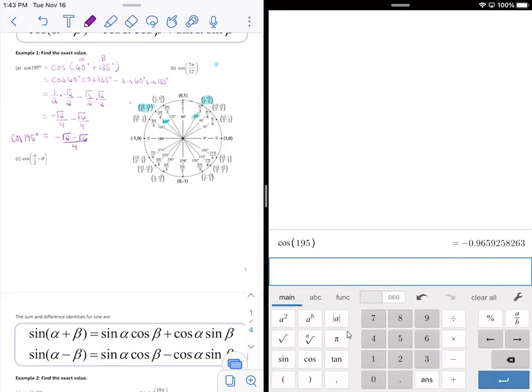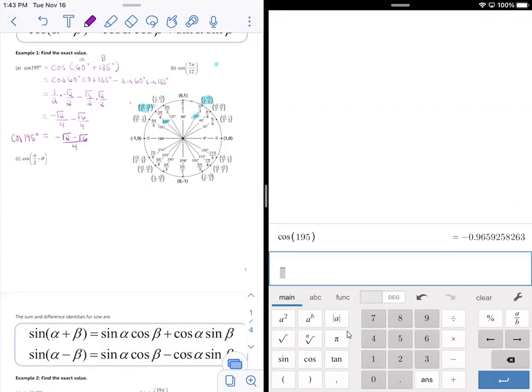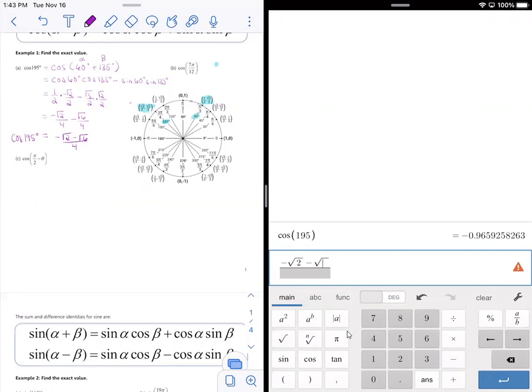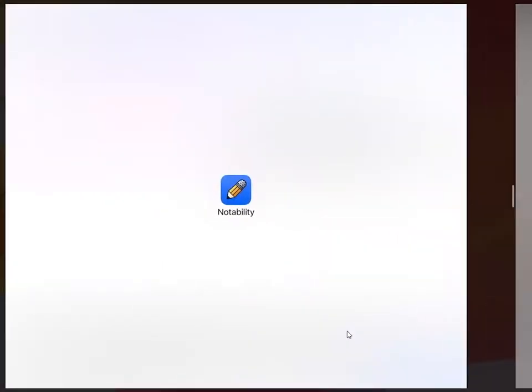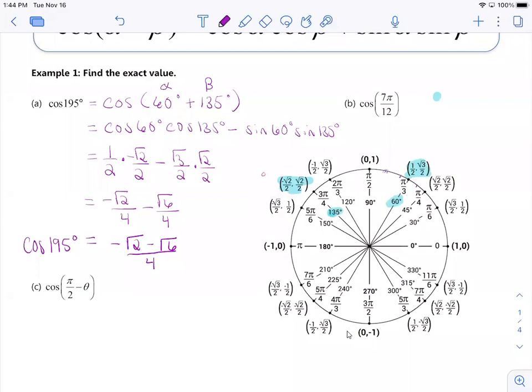But if I were to put in what I found my answer to be, which was negative root 2 minus root 6, and I divide that by 4, we get the same exact value. We much rather have this radical answer because it's exact and there's no rounding happening. So you are forced to use these formulas.